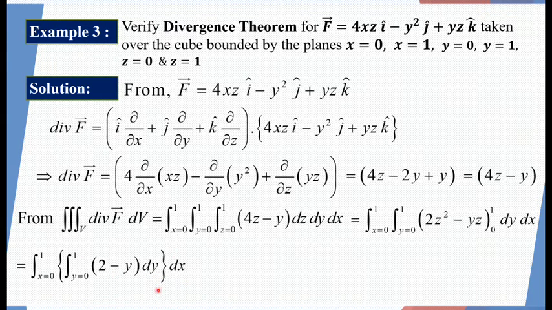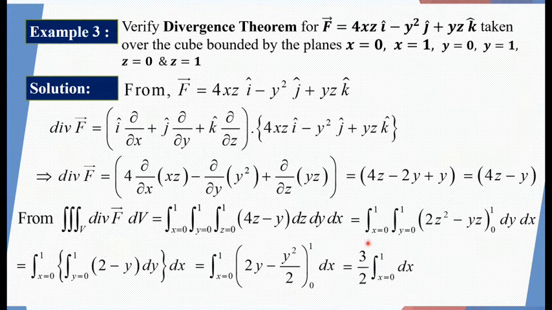Now we have to integrate it with respect to y. So the integral of 2 minus y is 2y minus y square by 2 under the limit 0 to 1. On putting the limit, when we put y equals to 1, then 2 minus 1 by 2, so it is 3 by 2, and when we put 0, then the entire function will be 0.